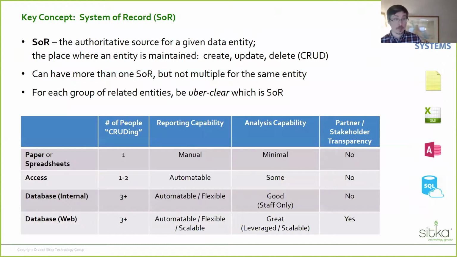Provides for a lot of reporting capability, good analysis capability for internal staff only, however, it doesn't support stakeholder transparency very well. Databases exposed on the web have many of the same attributes of internal databases, but it does allow you to connect and leverage that data across the web and be transparent with stakeholders. As you all know, though, there's also a cost increase as you go down this list and implement systems further down this list.